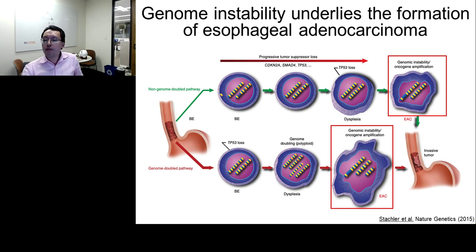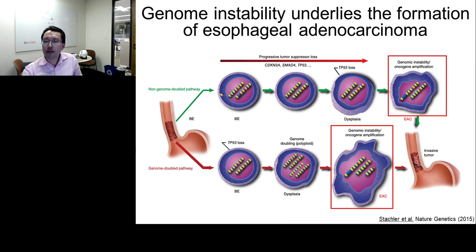So what we know about the formation of esophageal adenocarcinoma from Barrett's esophagus is that genome instability plays an important role in this process. Shown here is a schematic diagram from a 2015 Nature Genetics paper from Adam Bass's lab, showing the 2 different pathways by which a Barrett esophagus could progress to invasive adenocarcinoma.